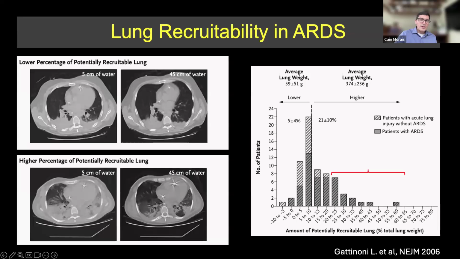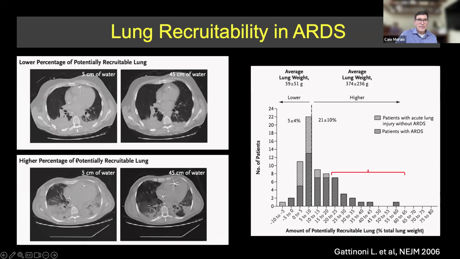This EIT information agrees with the knowledge that we have about lung recruitability in ARDS. We know that for some patients, by increasing PEEP, we are able to recruit the dorsal part of the lung.